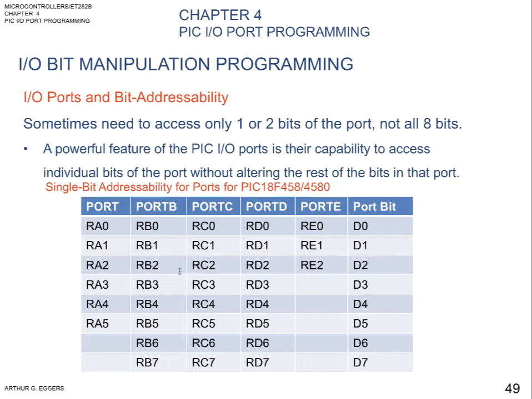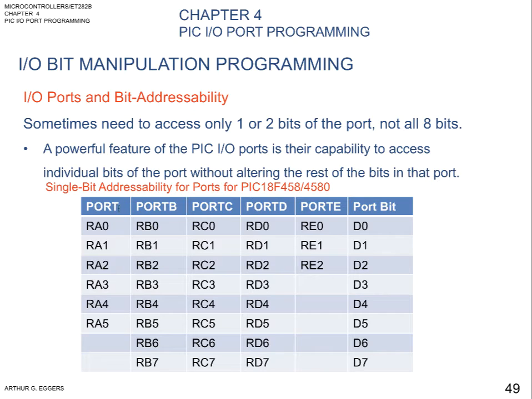Sometimes as we look at this on a port by port basis, it becomes a powerful feature of the PIC I/O for its capability to access any one of these individual bits of the port, again without altering the other bits of that port.